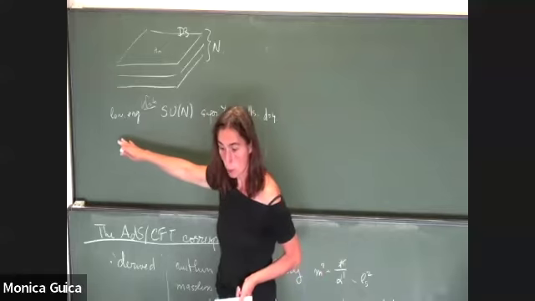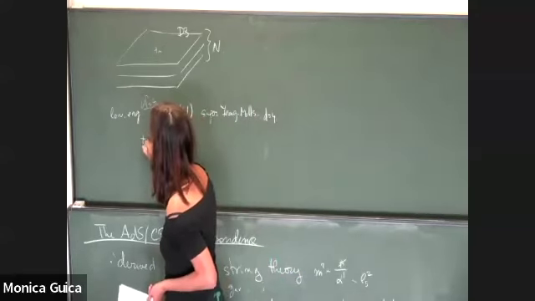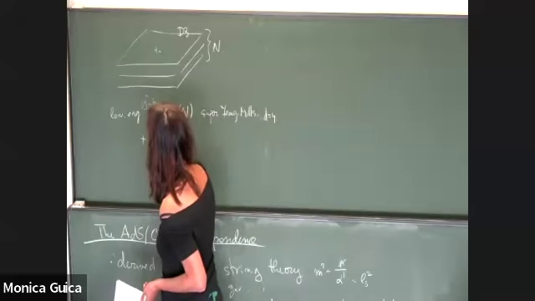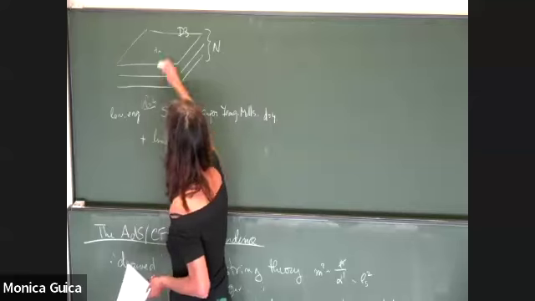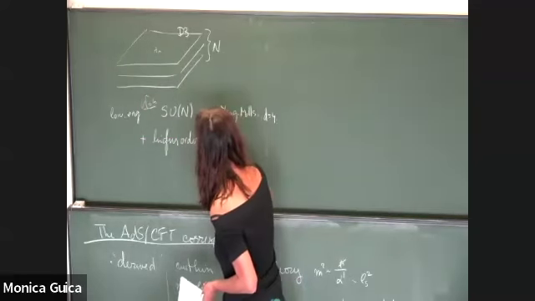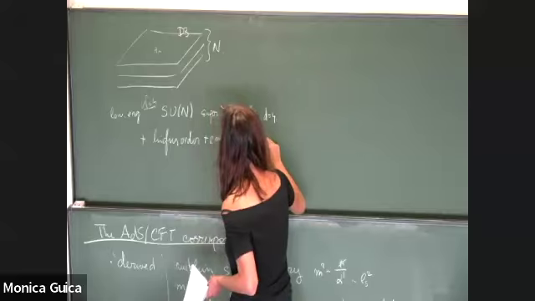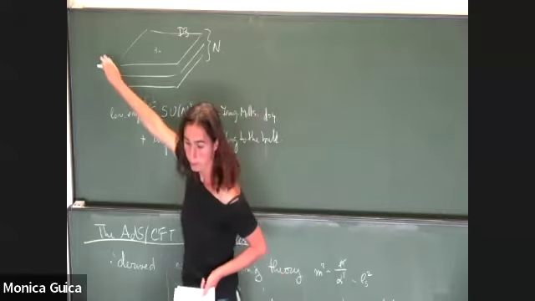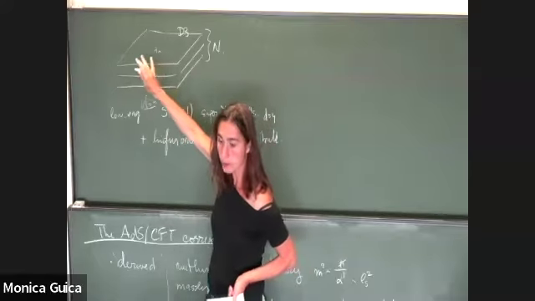But of course, this is just at low energies. The full theory that describes the D3 branes has higher order terms that involve all these field strengths, derivative couplings, and couplings to the bulk. So in the bulk, you might have gravitons, you might have all the other stuff that lives in string theory.